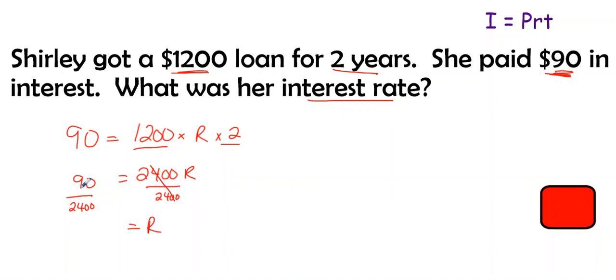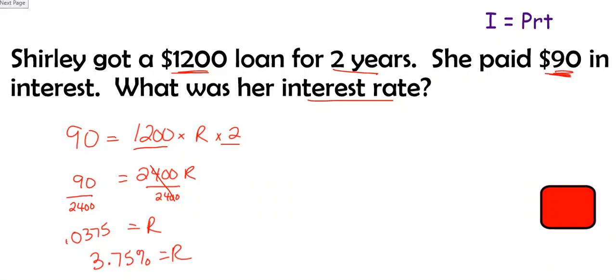I'm going to grab my calculator, and it comes up to be 0.0375. So that is my interest rate, but I want it as a percent. So that means I need to move my decimal 2 places. So my percent would be 3.75% is my interest rate.